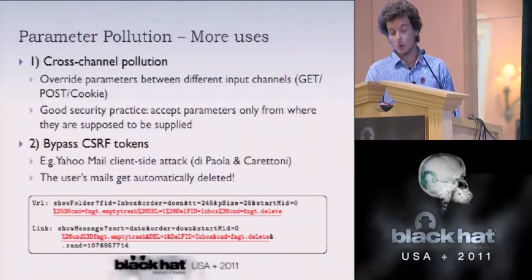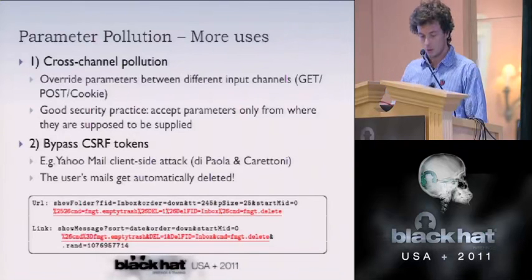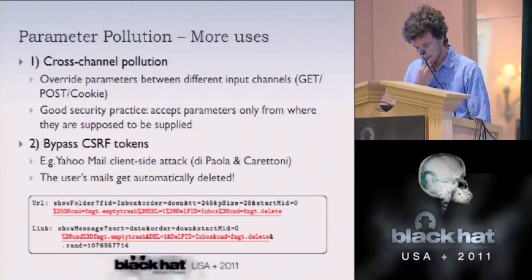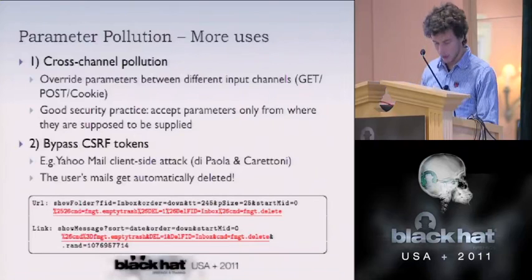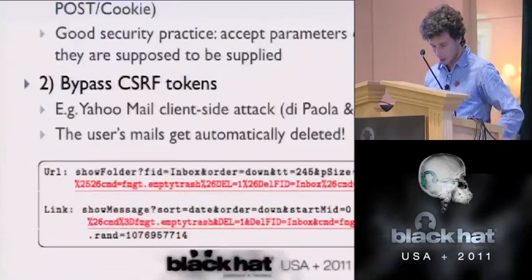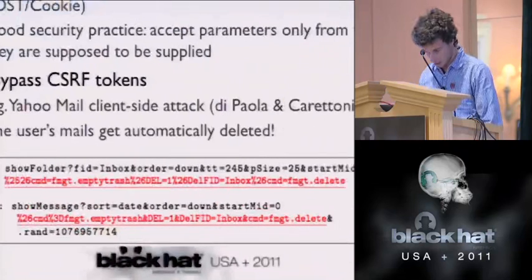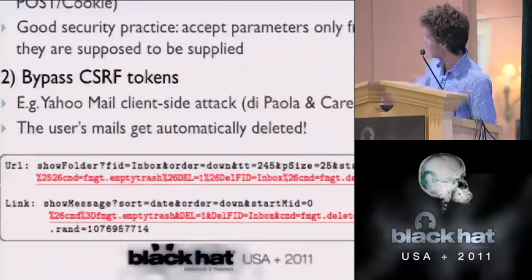In this example, Yahoo was actually using a cross-site request forgery token, so this shows that it's possible to overwrite this token. And if you want, I can go into detail and show you how it works. Here you have a token called, you see, random token? Yeah, it's this one, .rand.